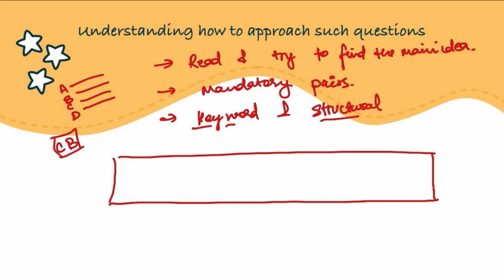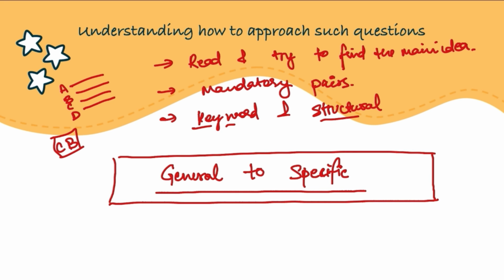However, there is one rule which is going to be applied in each and every question, which is general to specific, as in the flow of information has to be from general to specific.